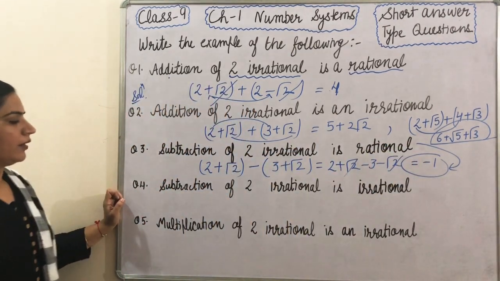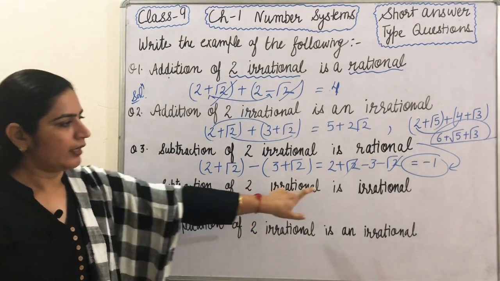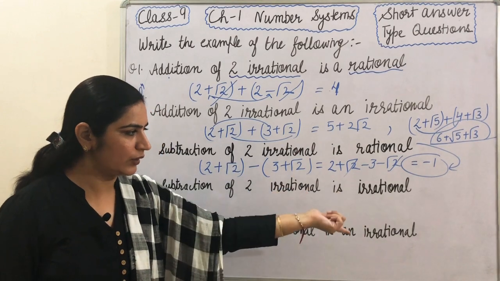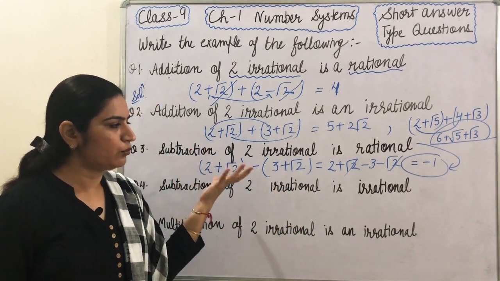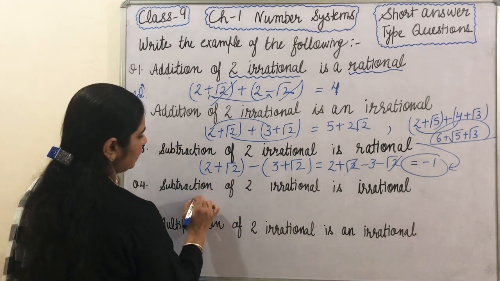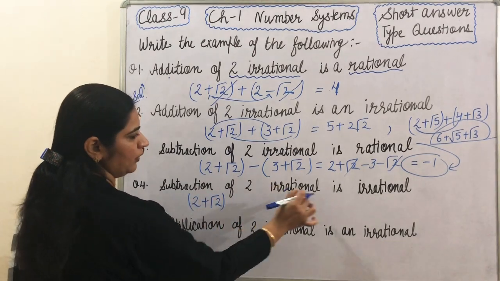Okay. Next is subtraction of two irrationals is an irrational. Now an irrational is required, a root is required. So I'll take any two numbers, any two terms you can take. Here I am taking, suppose 2 plus root 2, the first number.